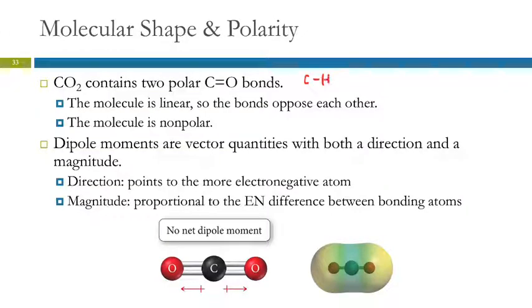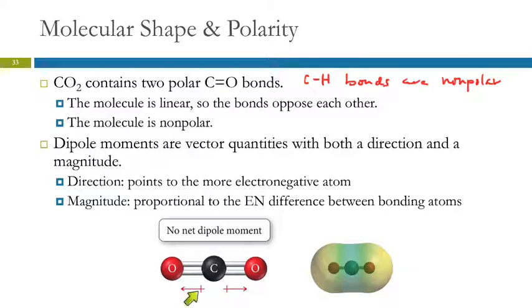Carbon-hydrogen bonds are nonpolar. The reason I want you to remember that one is that carbon-hydrogen bonds are very common in organic compounds, and so we see them a lot. The others that are nonpolar aren't worth remembering, in my opinion, at least not at this point.